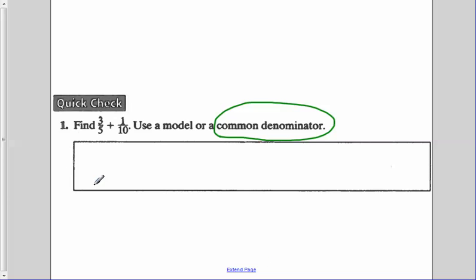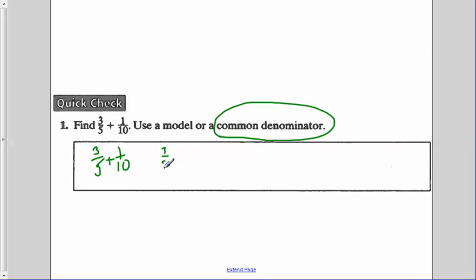Alright, let's go ahead and check our work here. So we have 3/5 plus 1/10. Now, between 5 and 10 as our denominators, I know that my least common denominator is going to be 10. So I'm going to convert 3/5 into a fraction that has a denominator of 10.